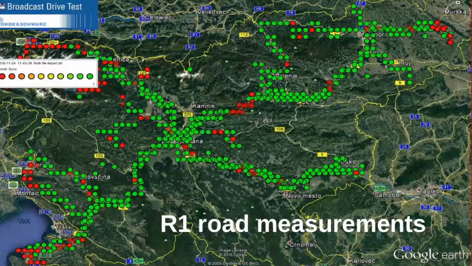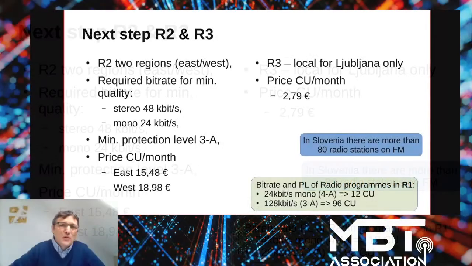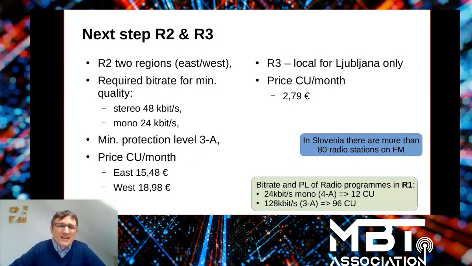I'm sure. So like I said, after this multiplex was filled up, the agency changed and put out to tender two new multiplexes. So we call them R2 and R3. R2 is split up in 2 regions, east and west.